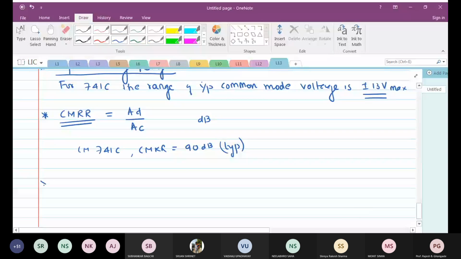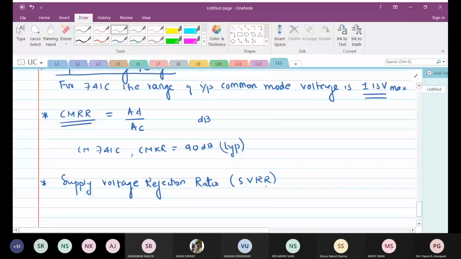One more important parameter is the supply voltage rejection ratio, also called by the abbreviation SVRR. So supply voltage rejection ratio.